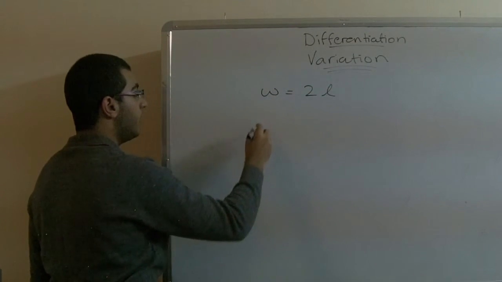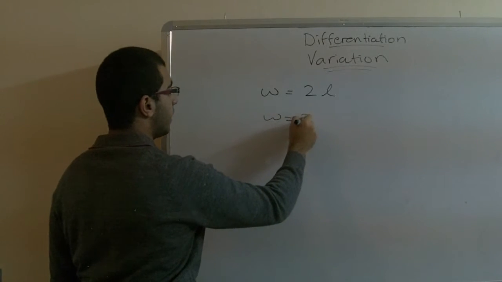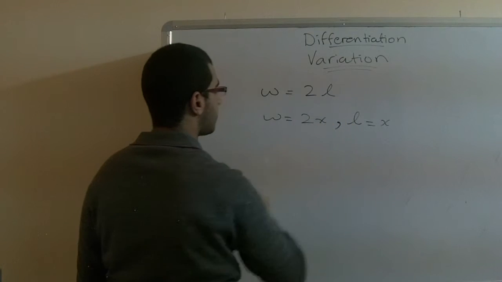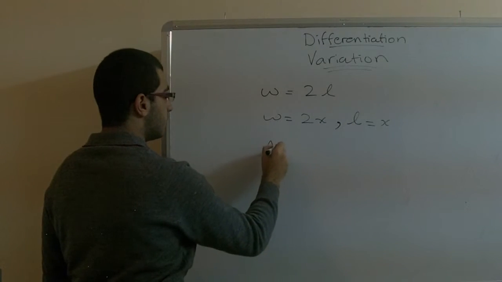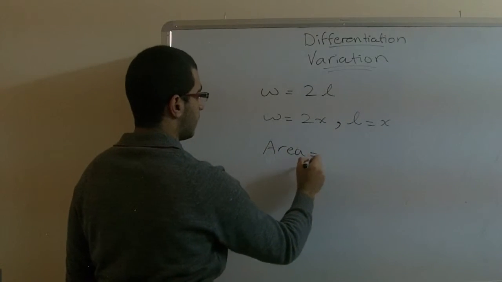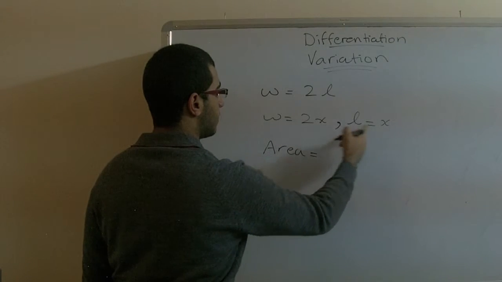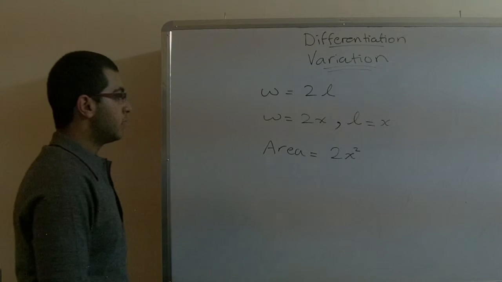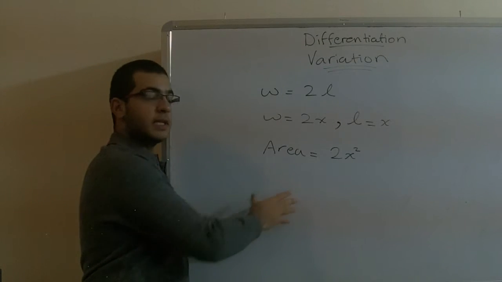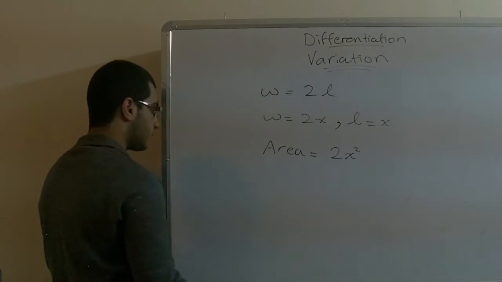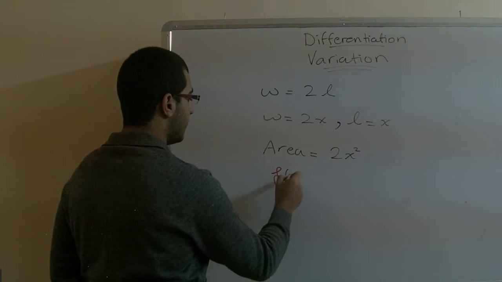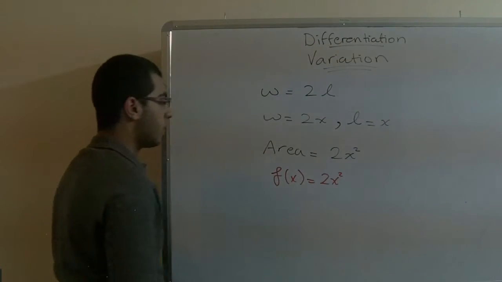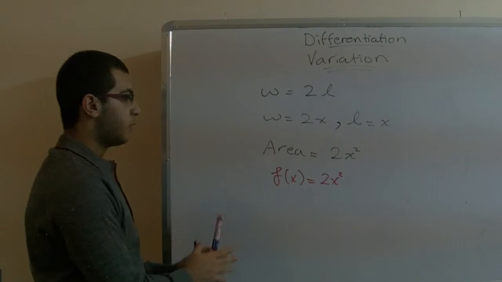So if we say that the width is 2x, the length equals x, and the area equals 2x times x, which gives 2x squared. We will consider this as our function. So f(x) equals 2x squared. This is the first point.